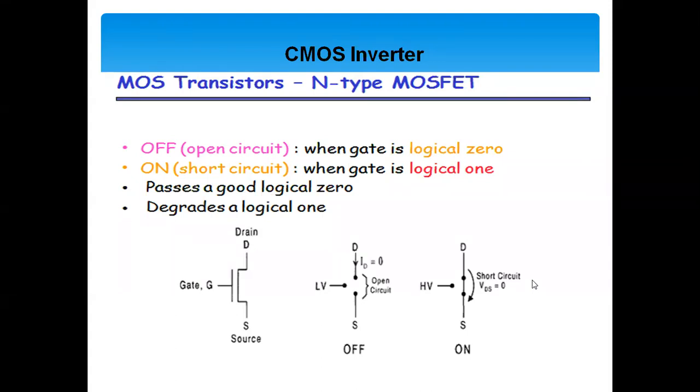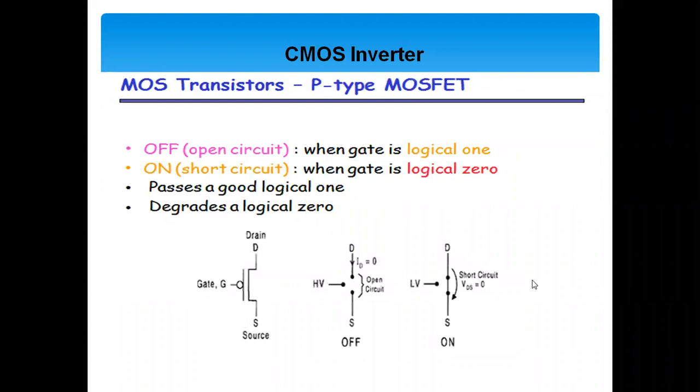That means whatever the 0 volt, it will not pass anything other than 0. But when it acts as a short circuit, it will pass a degraded high voltage towards the output. That means the point to remember is, the NMOS transistor is able to pass good logic 0 but degraded logic 1, and reverse is the case with PMOS.